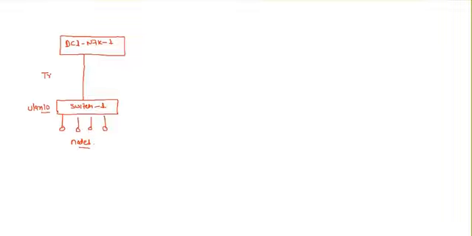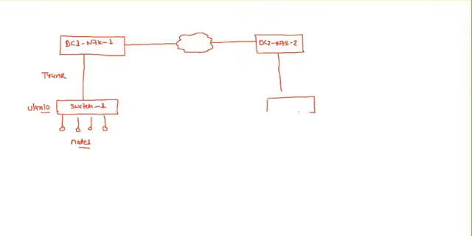This will be trunk, right? And here it is connected to any transport. Yeah. And this is your DC2 and 7K2. Yeah. And here you have the same switch. I mean switch 2 PC, and they are in same VLAN.